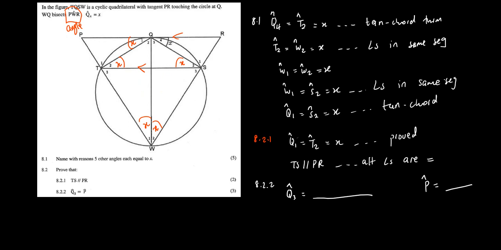Do you see this one? Yes, yes, yes. That one we can definitely say that TQ is equal to QS. Indeed, these are sides opposite equal angles. That's true.